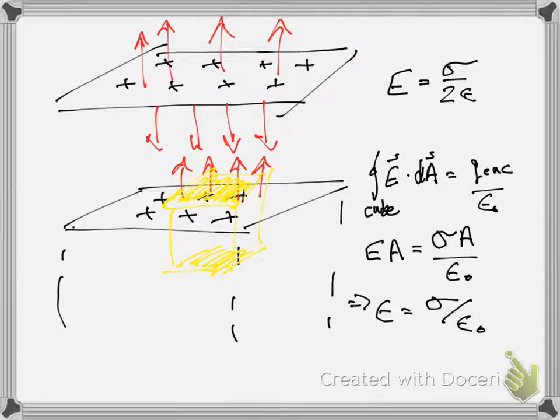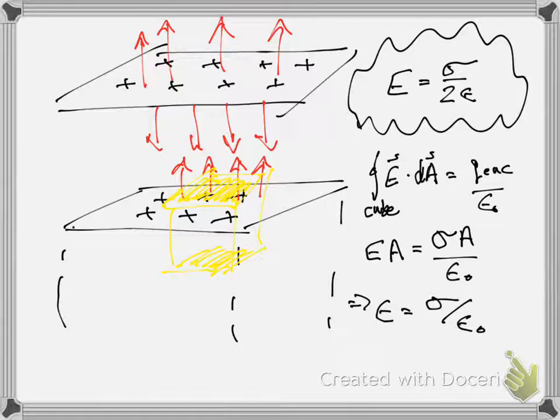Whereas for the plane of charge, remember, we had sigma over 2 epsilon 0, because when we applied Gauss's law, I'm going to write up in the left-hand corner, the flux through the cube was equal to E times 2A, because we had two areas of the cube through which the field went.